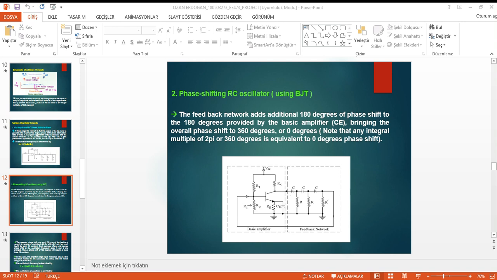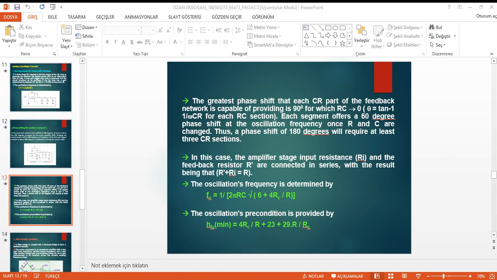The three RC sections are taken to be identical, and the resistance in the last section and the input resistance of the transistor are added to R, so the net resistance given by the circuit is R. The biasing resistors R1 and R2 are large, hence they have no effect on AC operation of the circuit.